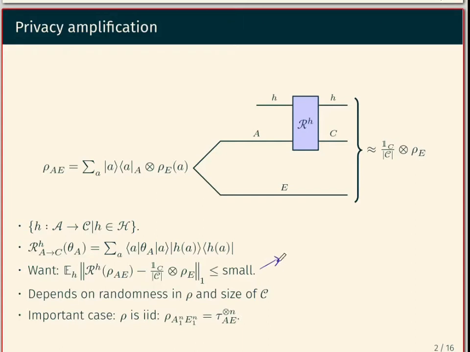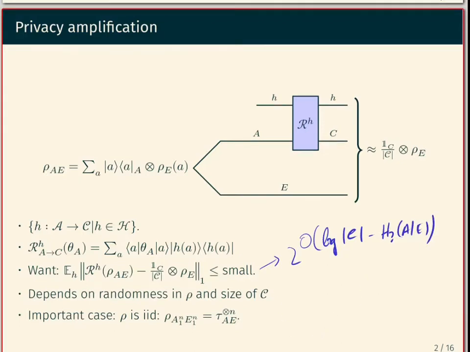So what we want here is to have something like 2 to the, and then we'll have order of, let's say, the number of qubits in C here, so the log of the dimension of C, minus, and here we're going to have some sort of randomness measure for A given E here. And I'll get into this very soon.